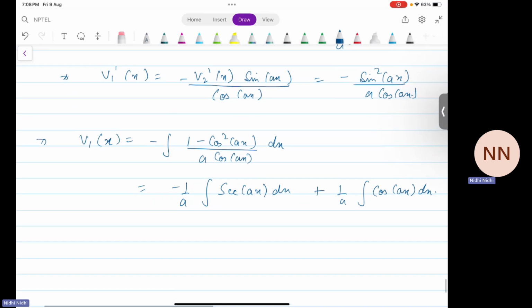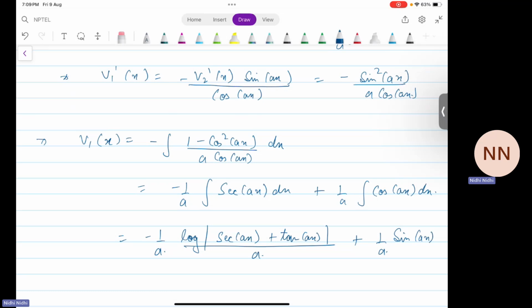So this is equal to minus 1 by a log of (sec ax plus tan ax) divided by the constant, plus 1 by a. Now what is the integral of cos ax? It is sin ax by a.